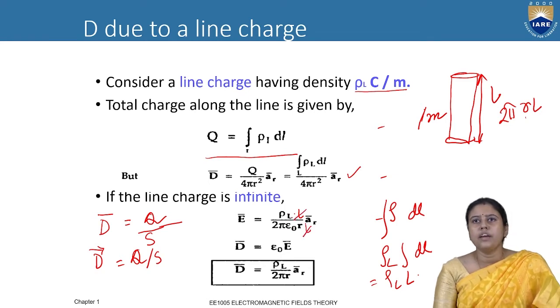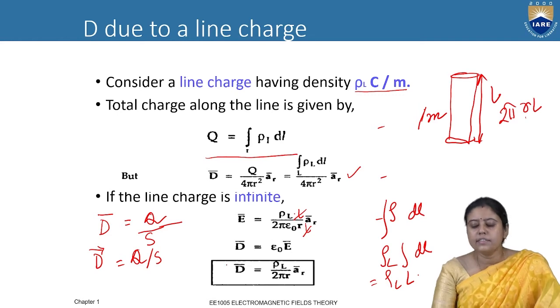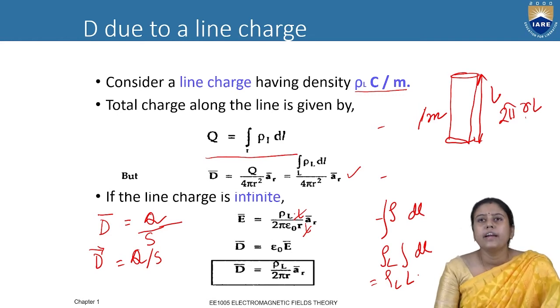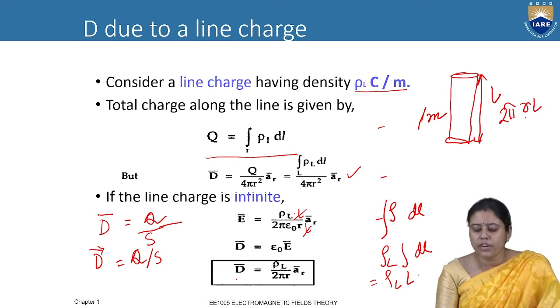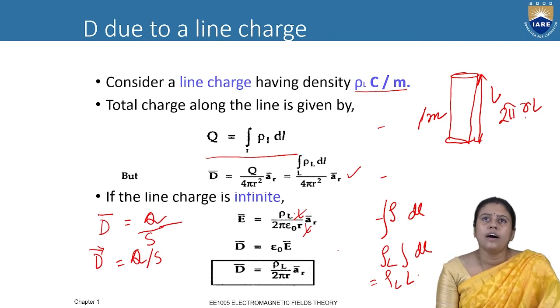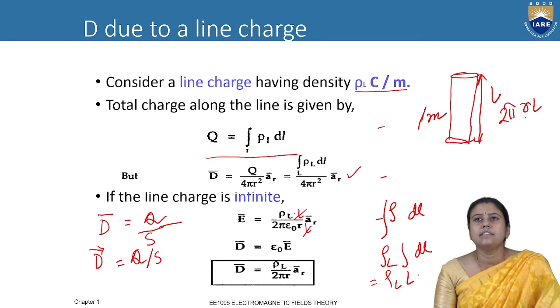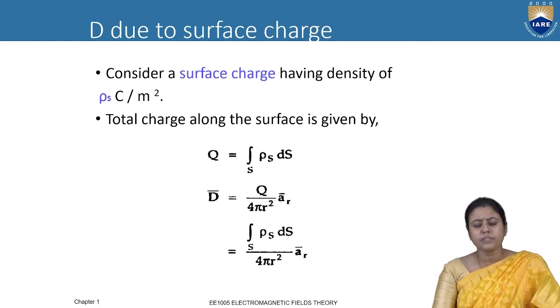L cancels out and we get E is equal to rho L divided by 2 pi epsilon 0 R. Now, the relation between D and E is D equals epsilon 0 into E. So we get D equals rho L by 2 pi R times AR. This is the special case of D due to a line charge.